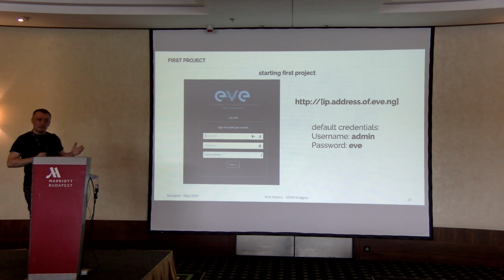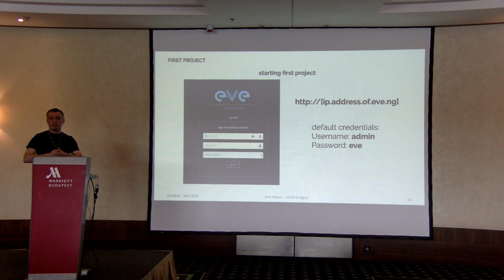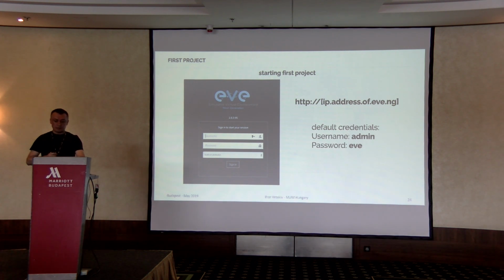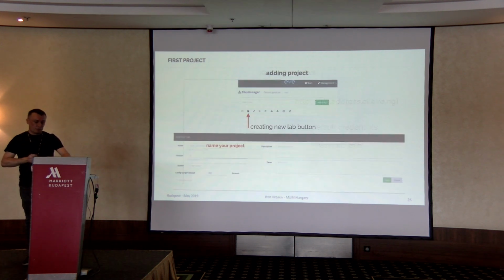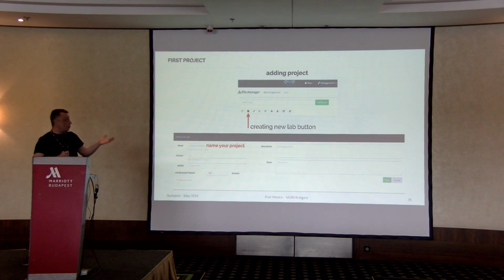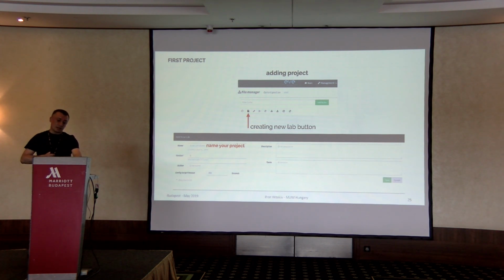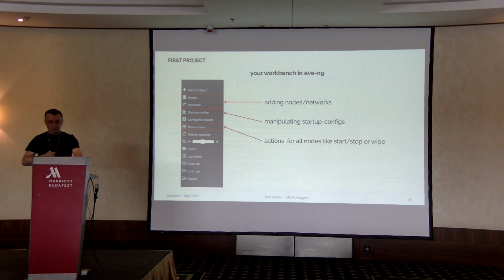It can be a native console like PuTTY, or you can use the HTML5 web console to your virtual devices, provided by Guacamole on Apache. For your project, you click on new project, name your project, and add some things like a description and tasks if you want to distribute your labs for training purposes.